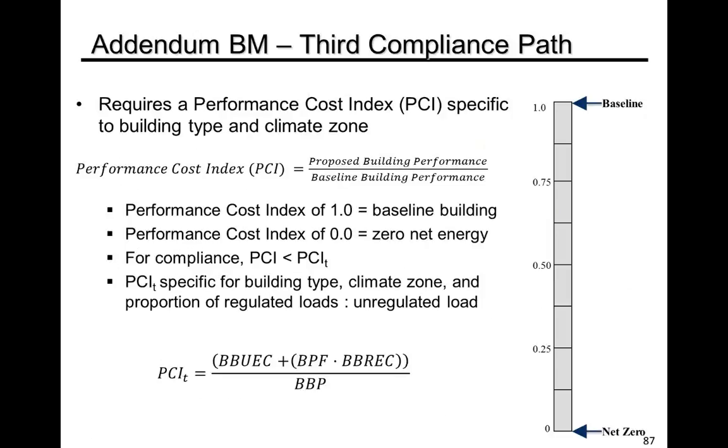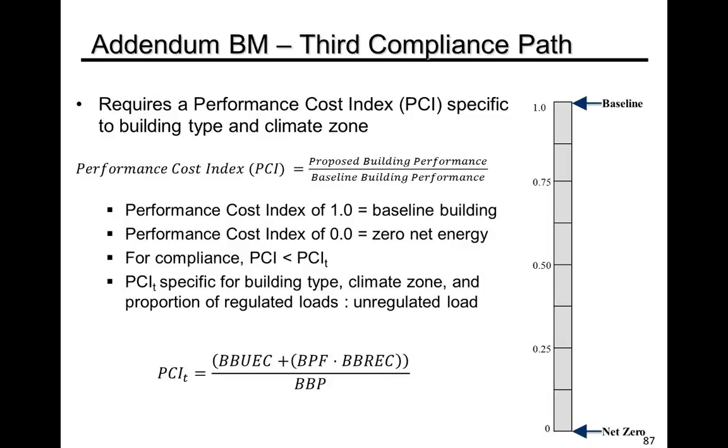In order to comply with Appendix G, there is a new metric developed called the Performance Cost Index, and it's specific to building type and climate zone. And the formula for calculating that Performance Cost Index is the proposed building performance, which is actually the proposed building energy cost, divided by the baseline building performance, or the baseline building energy cost.